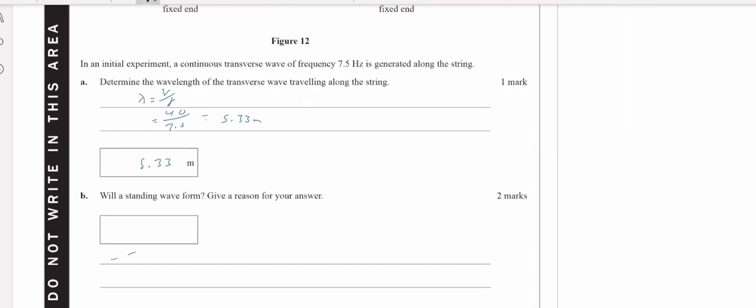The string length is not a multiple of lambda divided by 2. So no.